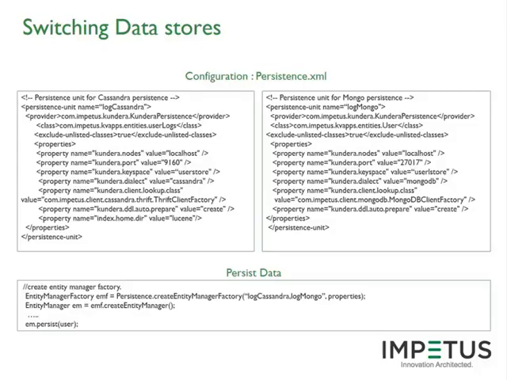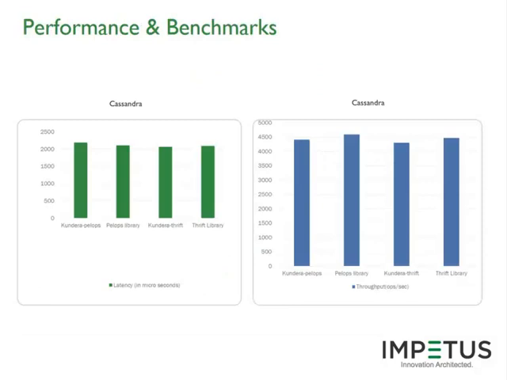Thank you, Chavi. That was excellent. One of the questions that may be on the mind of some of our audience is, does Kundera affect performance or increase latency by adding another level of abstraction? We have benchmarked that in our lab, benchmarking Kundera against the different native libraries that it's used on. Yahoo's YCSB framework was used for measuring throughput.